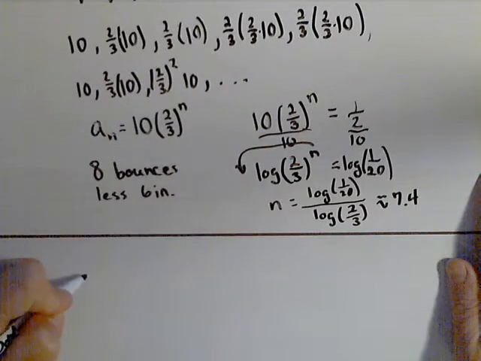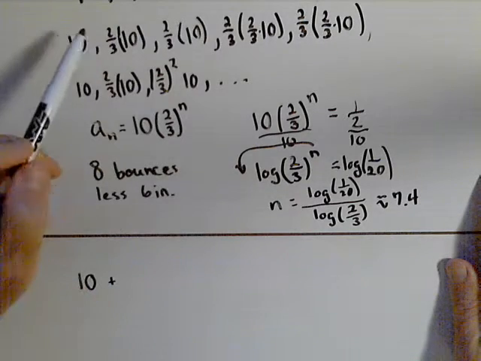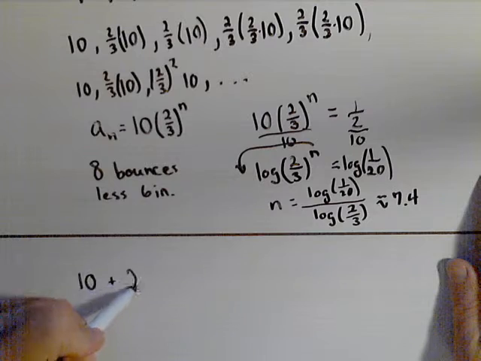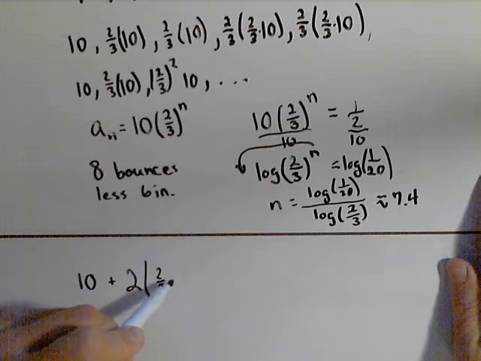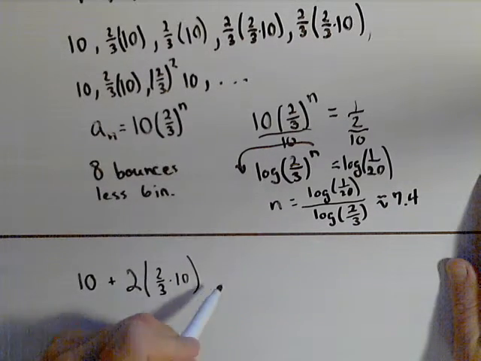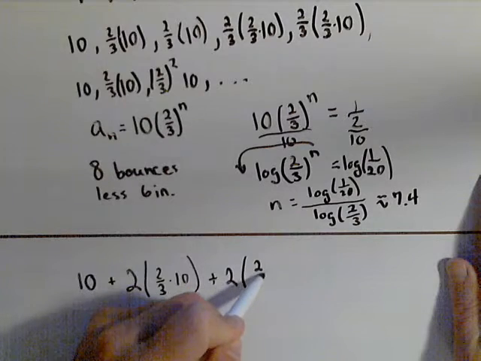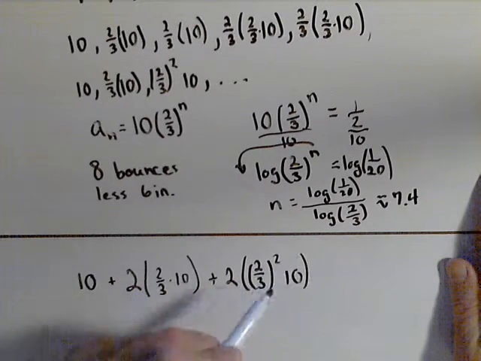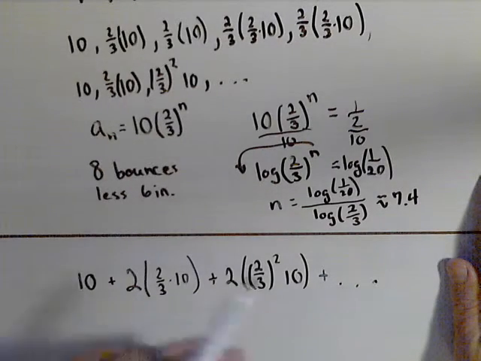So if we look at the pattern here, 10 feet down plus, now this one, notice I basically have 2 of them, so 2 times 2/3 times 10, because one's for up and one's for down. Plus 2 times 2/3 squared times 10. Again, one's for up, one's for down, and so on and so forth.